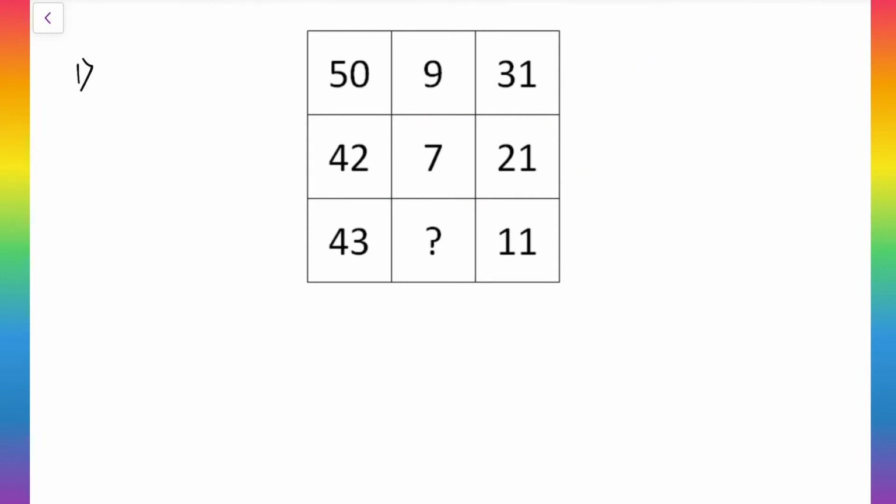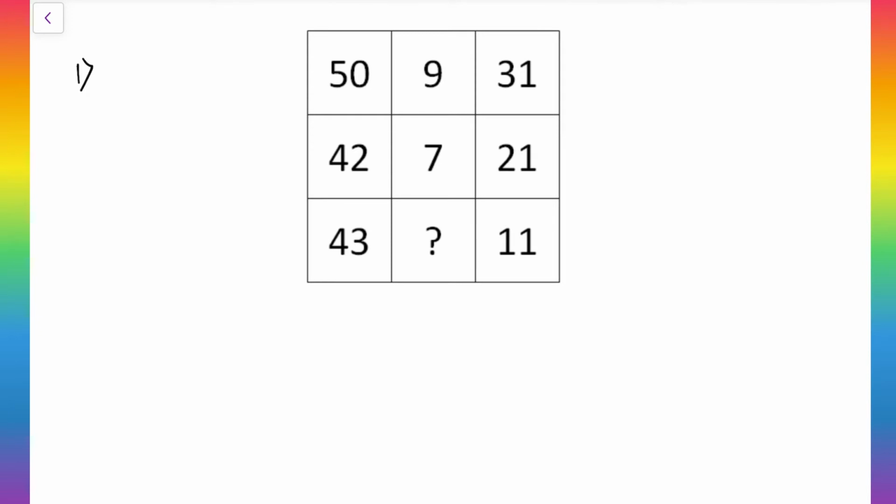Next, we need to add the first row and second row and check whether there is any logic with the third row. Otherwise, add the first column and second column and check whether there is any logic with the third column. The same way, first row and third row with the second row, and first column and third column with the second column. Okay, let us check it out now.